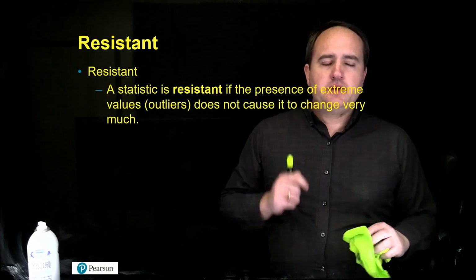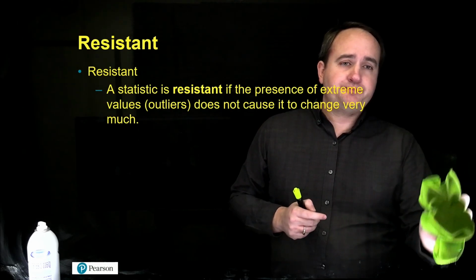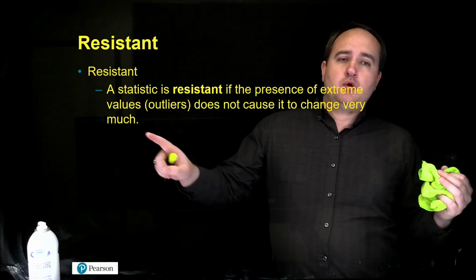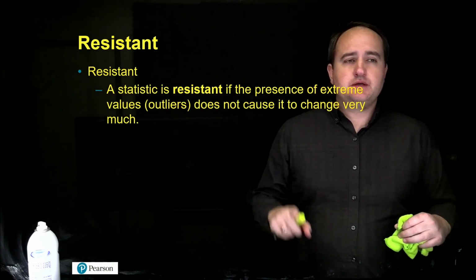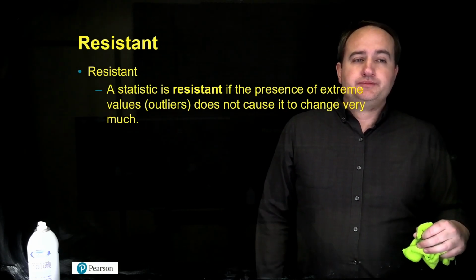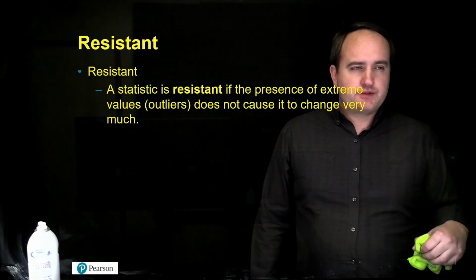So we say the mean is not resistant. What does resistant mean? A statistic is resistant if the presence of extreme values or outliers does not cause it to change very much.